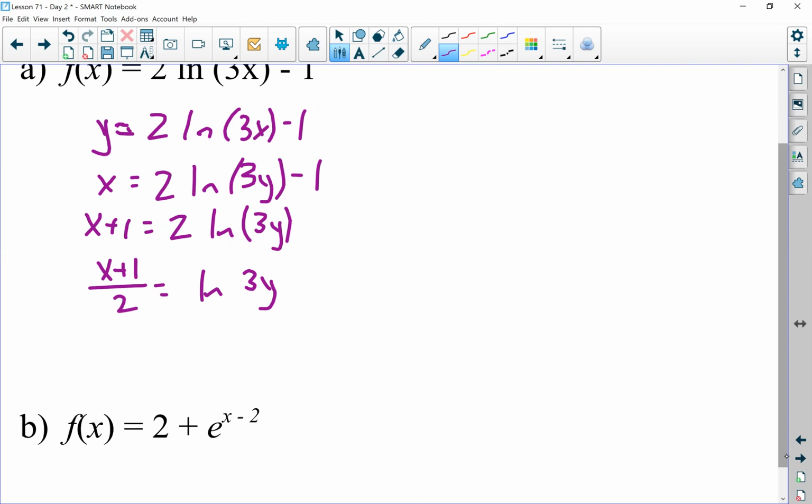So we use the little swishy thing, and we would get then e to the power of x plus 1 over 2 is equal to 3y. Then dividing by 3 or multiplying by 1/3, we get our inverse.